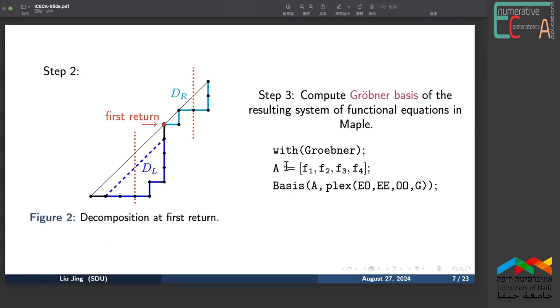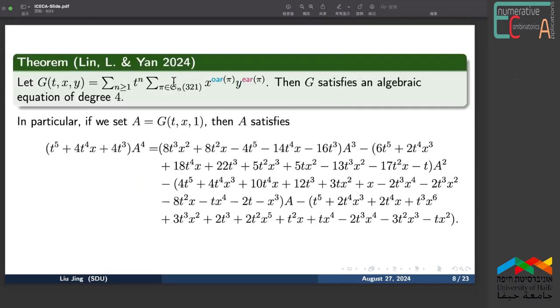Refine the Dyck paths into three subclasses and use the first return decomposition of Dyck paths. We derive a system of recursive functional equations. By computing the Gröbner basis of the resulting system of functional equations in Maple, we proved that G satisfies a degree 4 algebraic equation. When y equals 1, G reduces to the equation satisfied by the generating function of odd ascending runs.